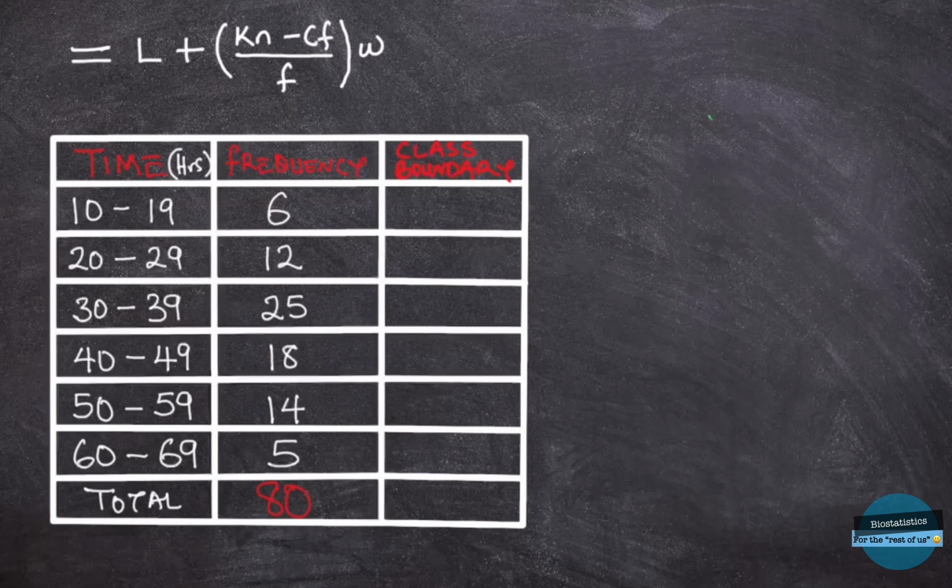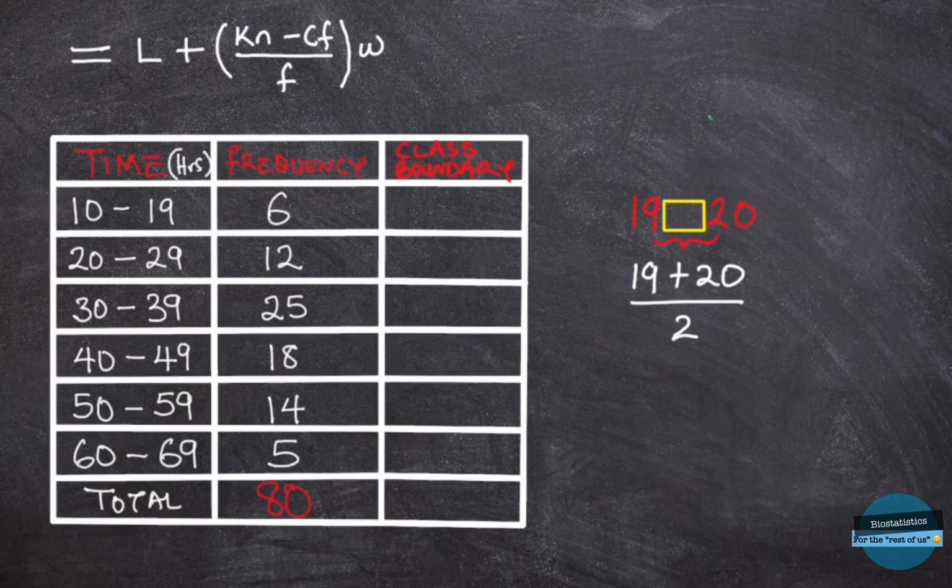To get the boundary between the first class and the second class, the first class ends at 19 and the second class begins at 20, right? So what's the boundary between 19 and 20? We'll add 19 to 20 and divide it by 2. So we have a factor of 0.5 to form the boundaries.